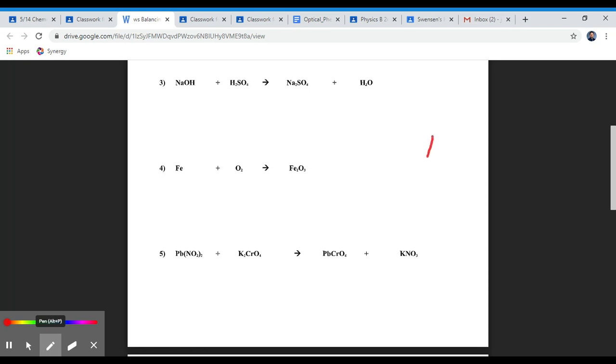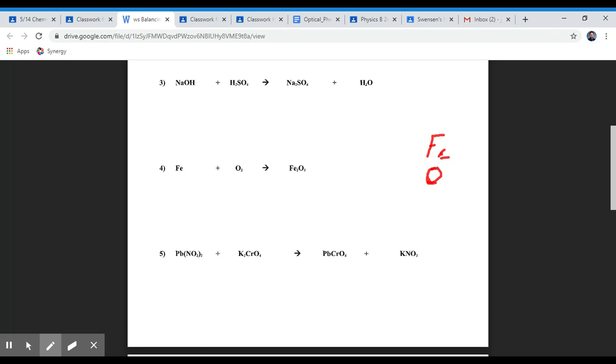In this particular equation, I have Fe and I have oxygen. So I want my irons on the left and right of the yield sign to be the same, and my oxygens on the left and right of the yield sign to be the same as well. What I like to do is start off with Fe.